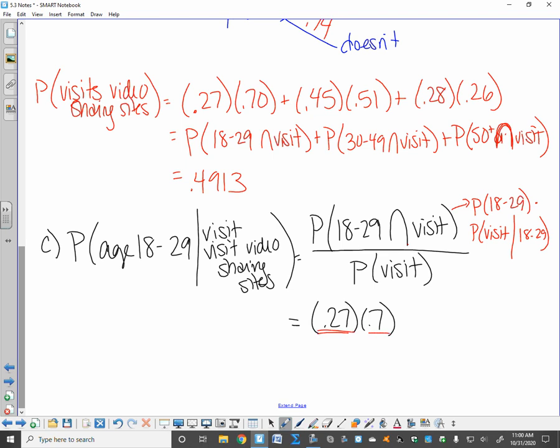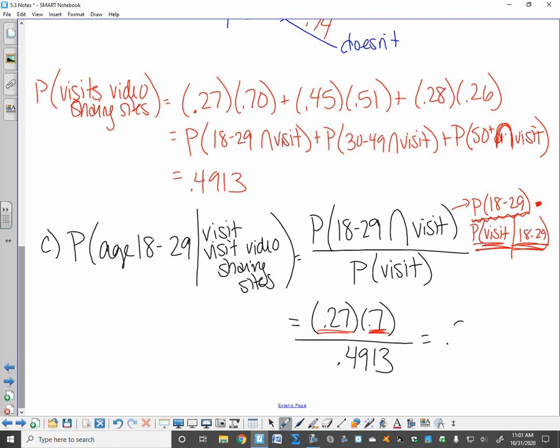This is the probability that you're 18 to 29, and this 0.7 is the probability that you visit, given that I know that you're 18 to 29. So that's that formula right there, and that's not an over, that's a times. I just ran out of room, so that is not a divide bar. Over the probability that you visit, which was 0.4913 from part B.